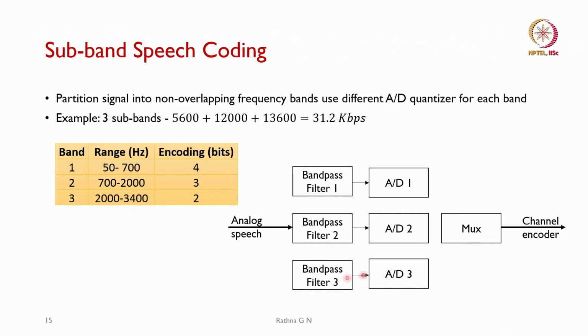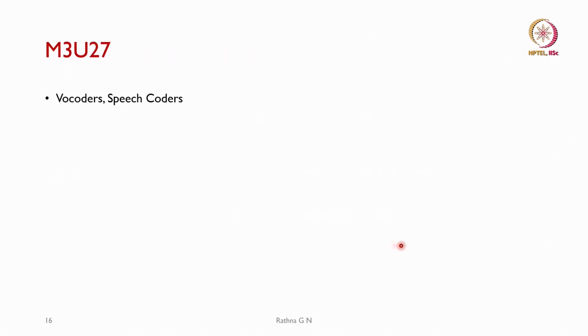We need A to D converters in all 3 bands, then mix them and send them through the channel encoder. This is how subband speech coding happens, and in the decoder part you will be reconstructing.